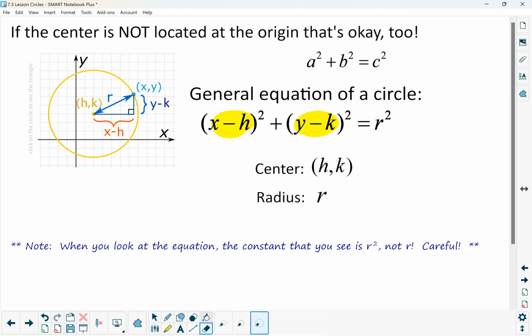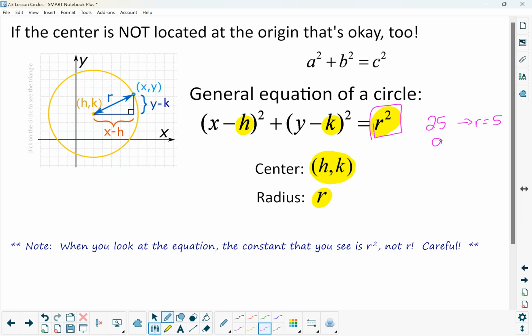So when we see a more complicated circle equation like this one, we can still identify by looking at the equation the location of the center, and we can of course use that constant at the end to figure out the radius. Just make sure you remember that if you see a 25, that means the radius is 5.